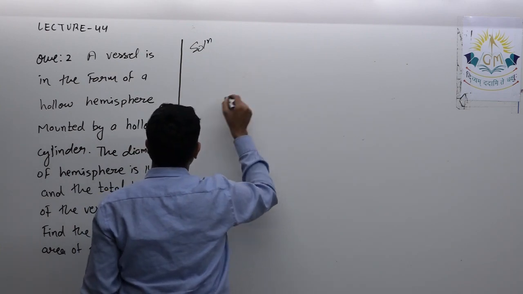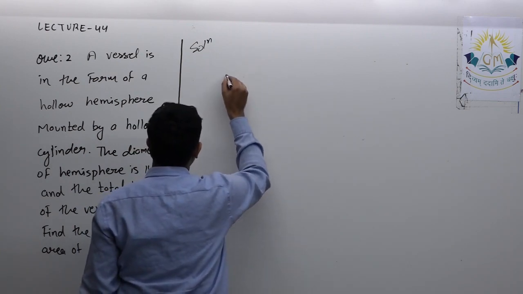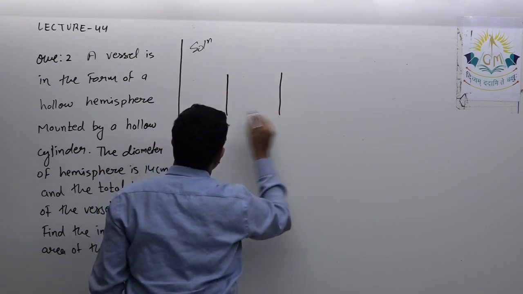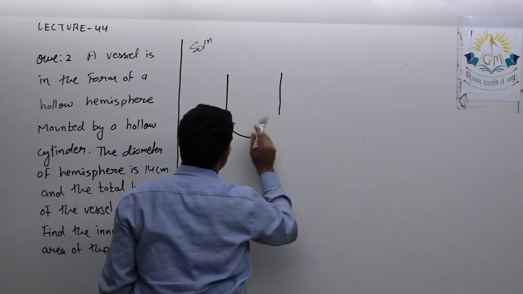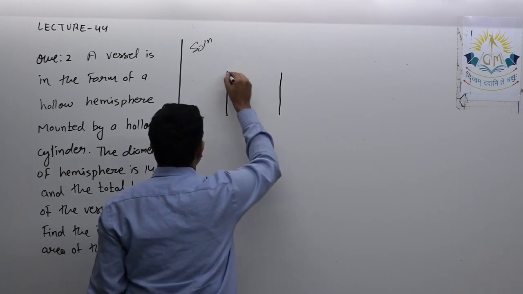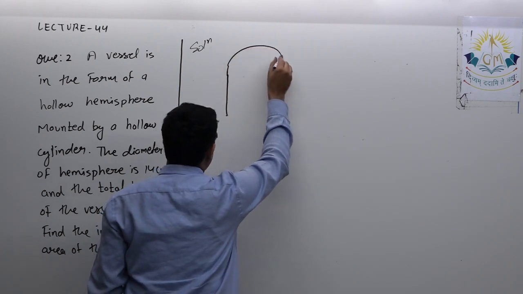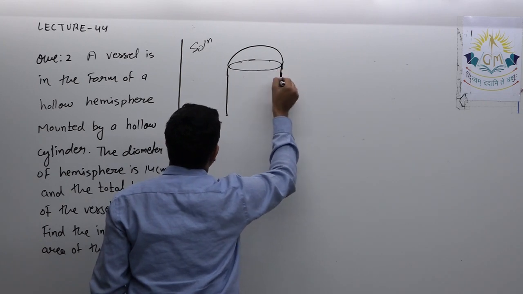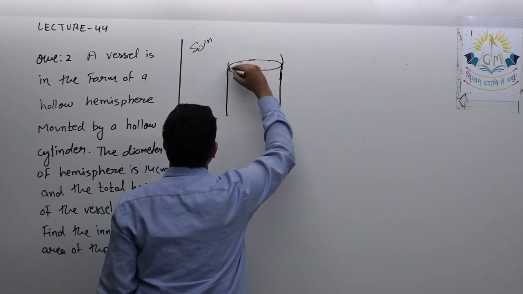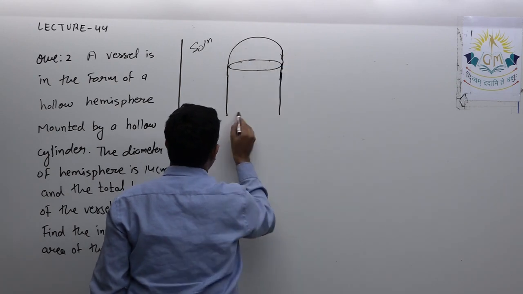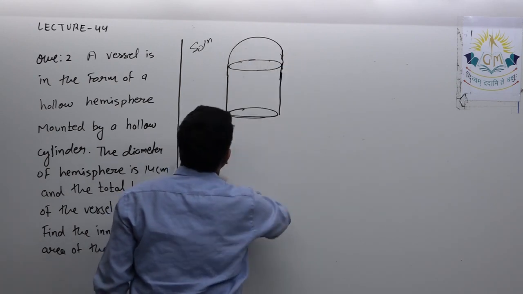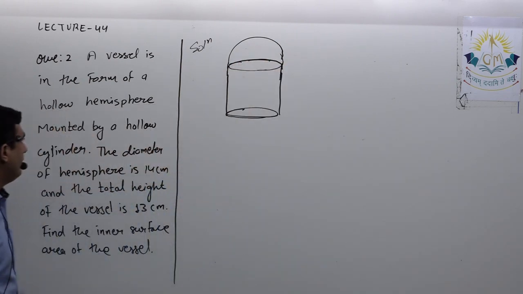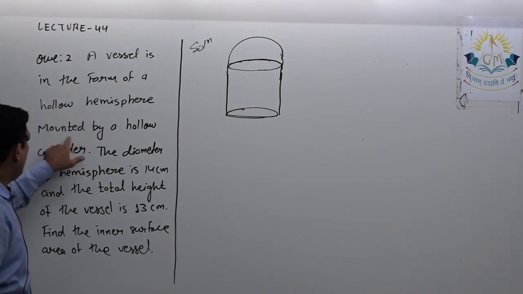There is a cylinder, and there is a hemisphere. A combination of a hemisphere and a cylinder: a hollow hemisphere mounted by a hollow cylinder.